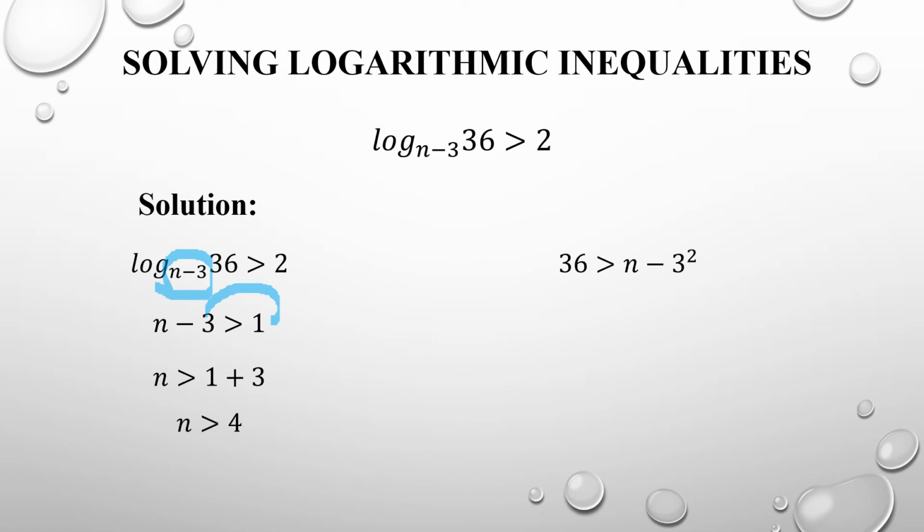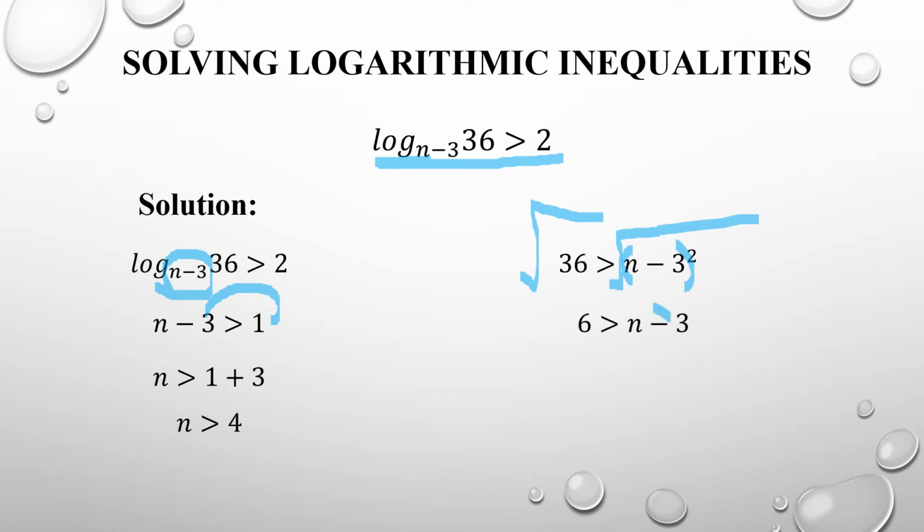Next, i-rewrite na natin to into exponential form. We have 36 is greater than quantity n minus 3 squared. So, getting the square root of both sides, square root ng both sides, we have 6 is greater than n minus 3.